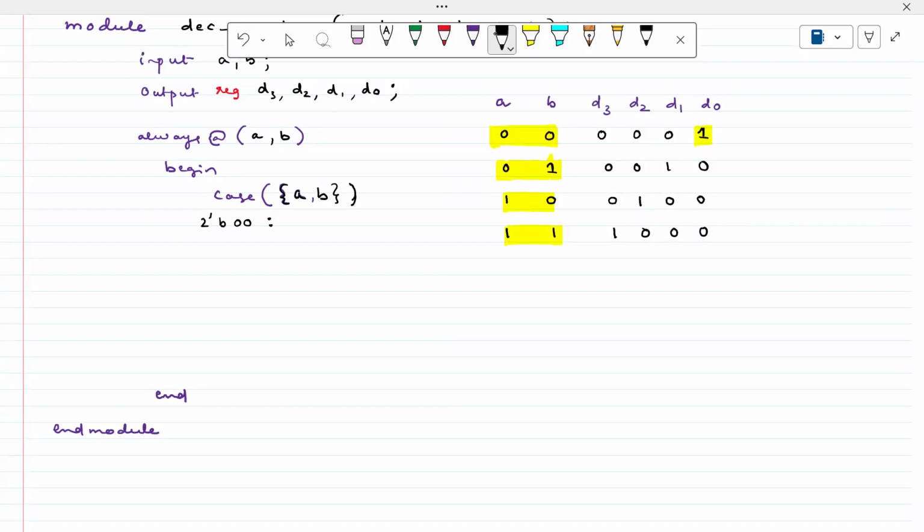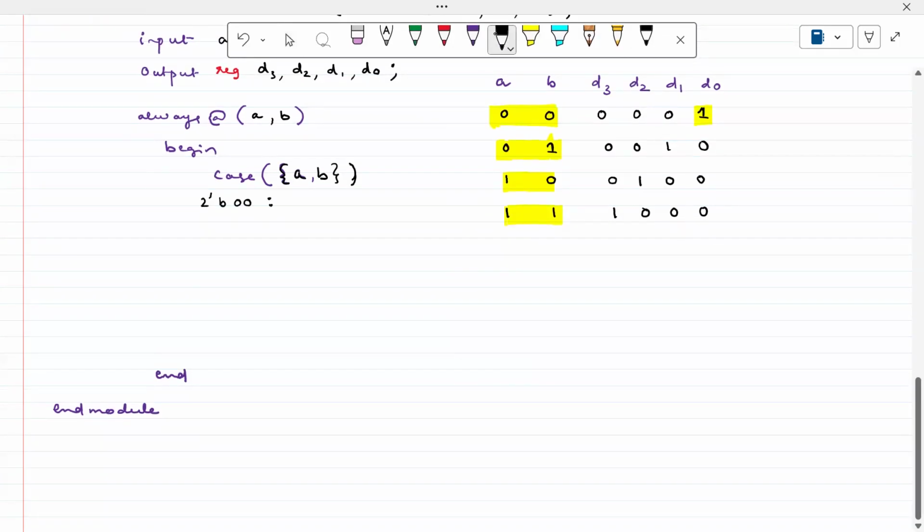D0 should be 1, and D1, D2, D3 are zeros. That means how many statements should I write? Something like D0 is equal to 1-bit of 0, next D1 is equal to something else. And I also have to write begin. Don't get confused. Since I need to write 4 statements, that's the reason why. Begin here.